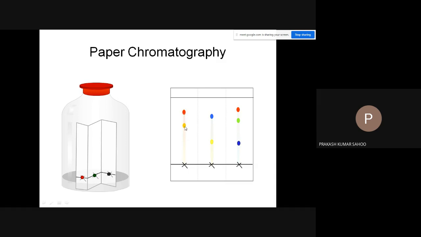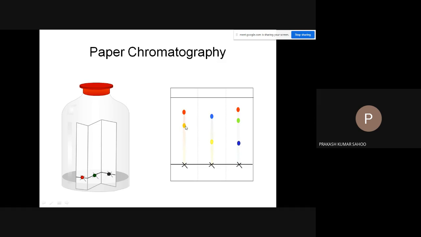In ionic or electrovalent terms, we may conclude that yellow is more polar or more ionic than the red, because if the ionic character or polarity is more, there will be more attachment of this constituent to the static phase.